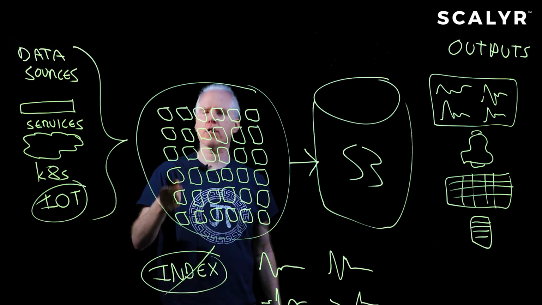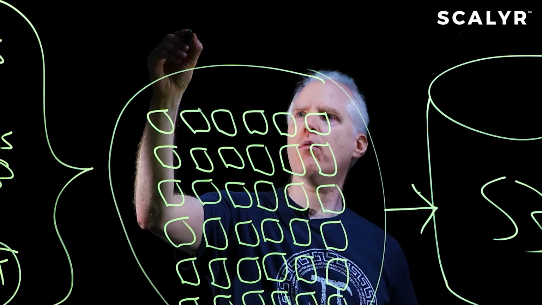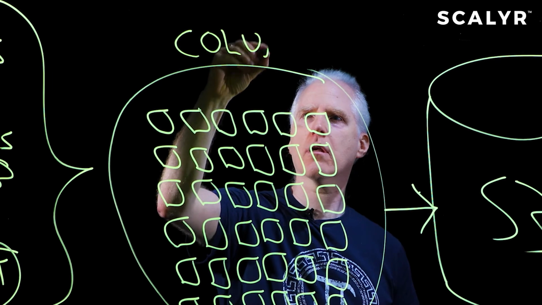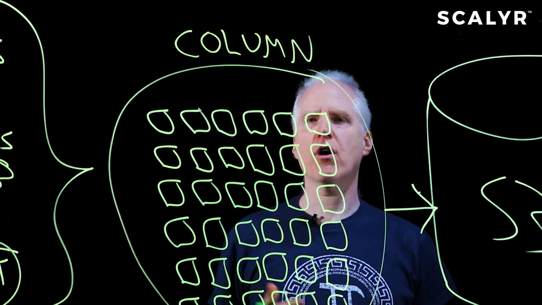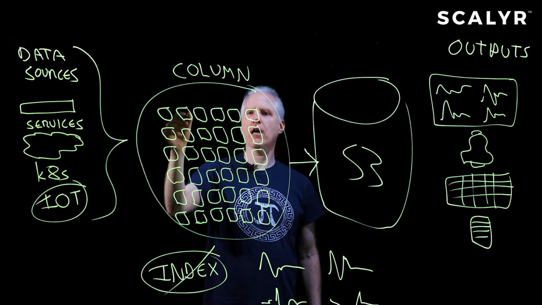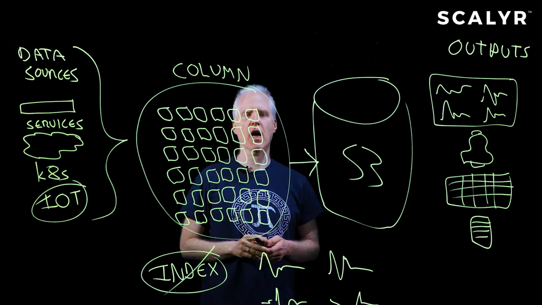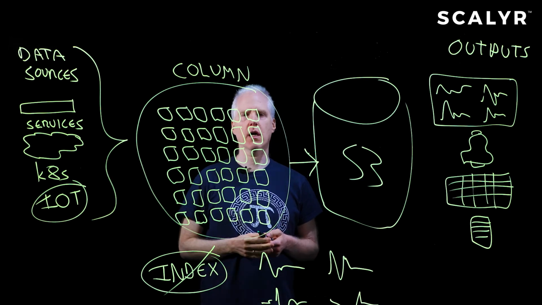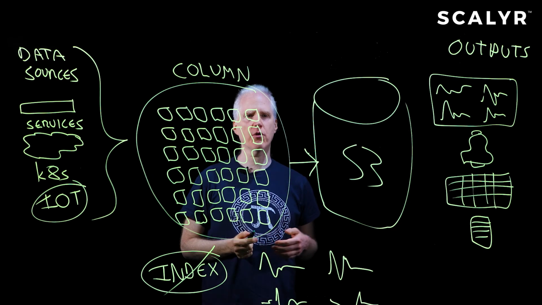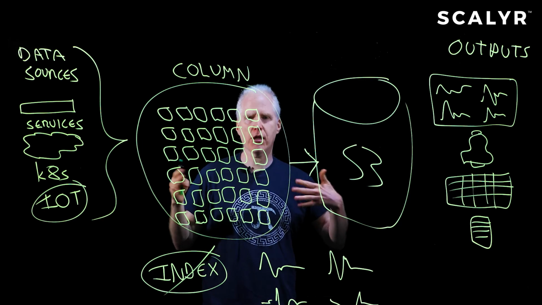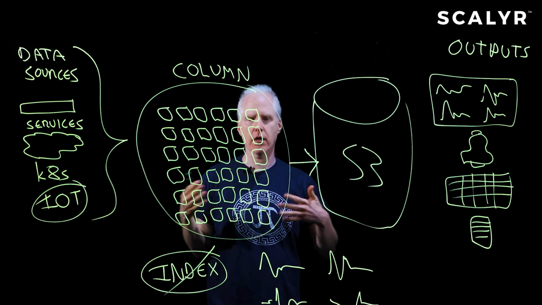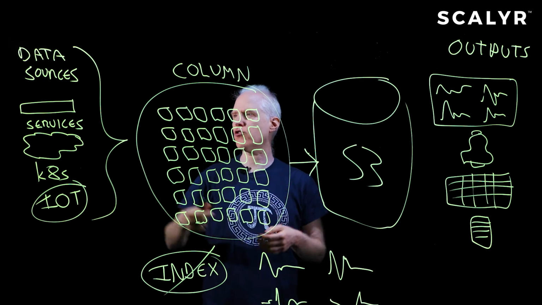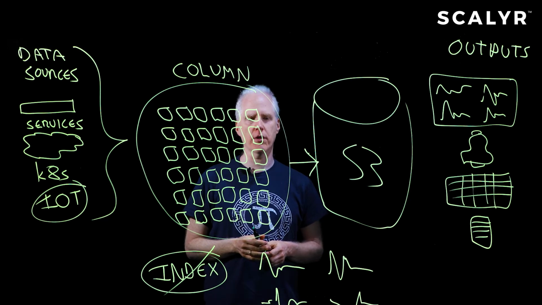Data flows into the system into a collection of what we call column nodes. And we call them column nodes because the data layout within this system is columnar. We take advantage of whatever structure is available in the event records, and we built a parsing engine that can add structure to the messy stew of log files and other kind of stuff that shows up in an observability situation.